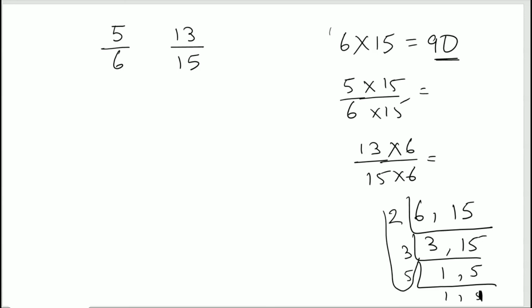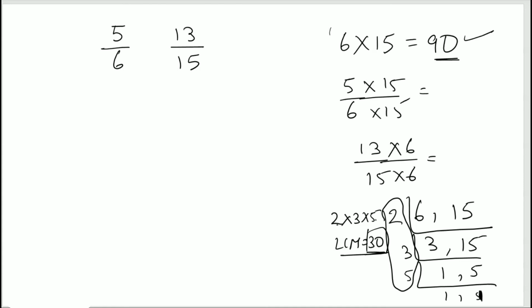So LCM is 2 times 3 times 5. Multiply all these numbers: 5 2s are 10, 10 3s are 30. So LCM is 30. See, 30 is a smaller number than 90, right? So it is easier to work with smaller numbers.